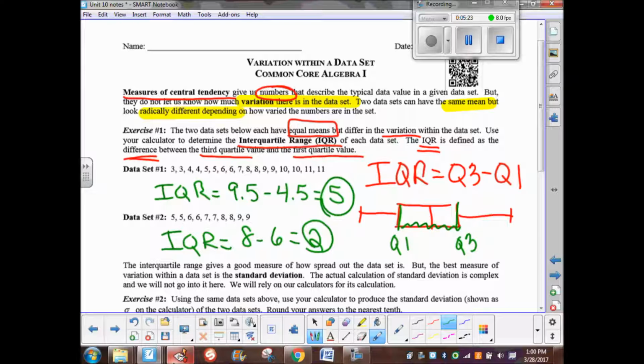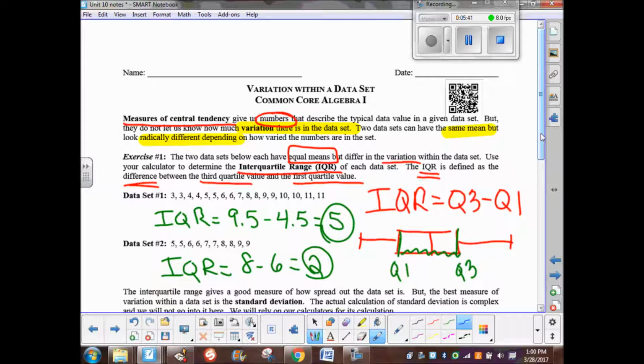Now, what was I just doing there? I went from 3 to 11, and 5 to 9 for data set 2. What word am I getting at? The range. The range is a very basic form to see variation.